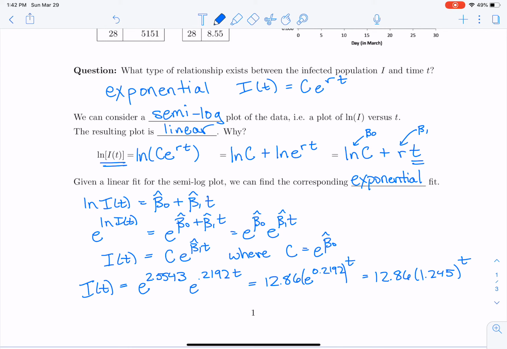And that gives us some interesting information. It says that the number of infected people in California is increasing at 24.5% per day. And that is our first technique for nonlinear regression, using semilog plots to find the best fit exponential function.